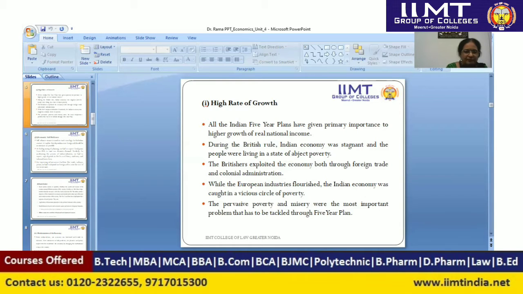The Britishers exploited the economy both through foreign trade and colonial administration. While the European industries flourished, the Indian economy was caught in a vicious circle of poverty. The pervasive poverty and misery were the most important problem that had to be tackled through the five-year plans.